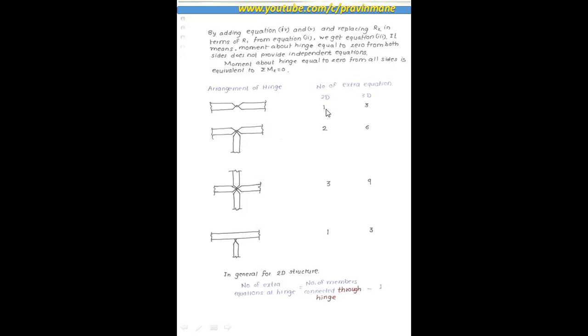If 3D, 3 equations. In general, for a 2D structure, no extra equation at hinge if the number of members connected through the hinge is only 1.